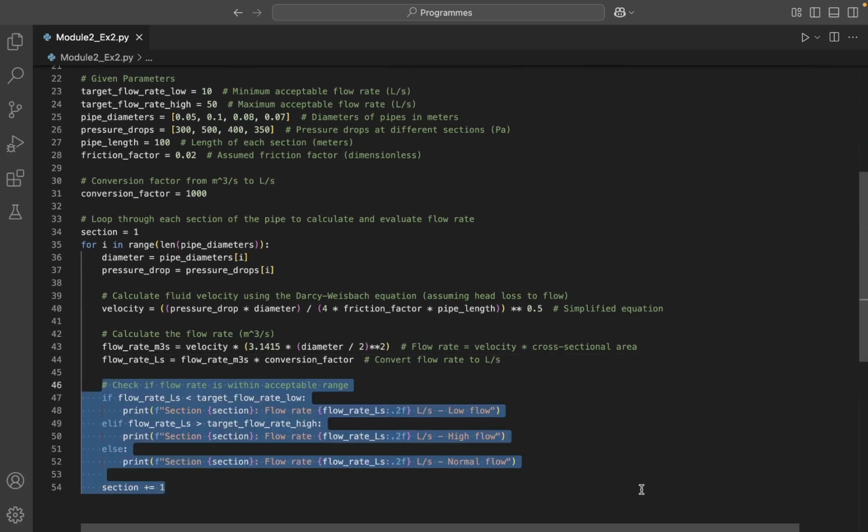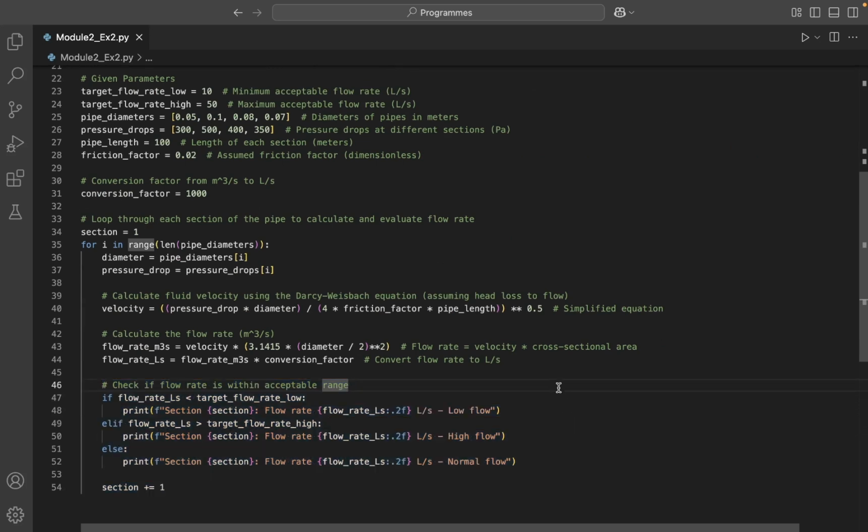Now next, we need to check, based on the given data, if the flow rate is within the acceptable range or not. We must use the if-else statements. So if the flow rate in liters per second is less than the target lower flow rate, then we will print the data for the specific section, as we have used formatting in our previous question also.